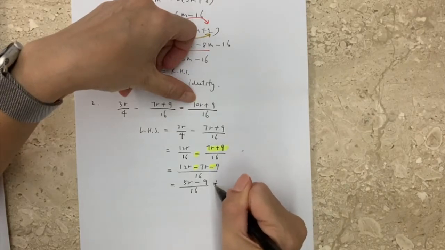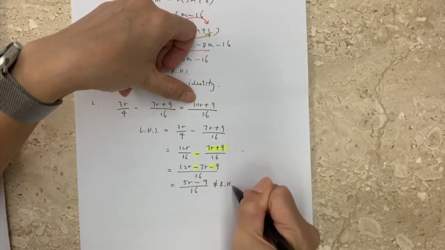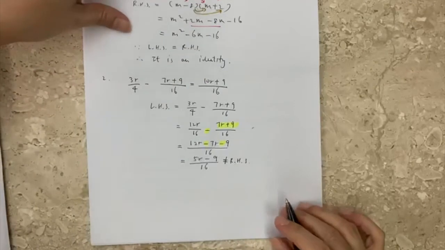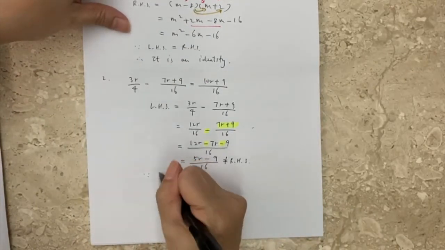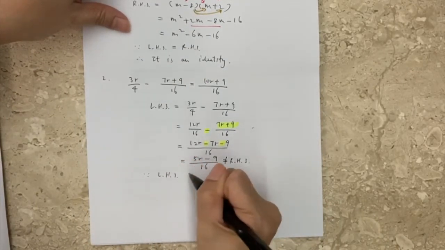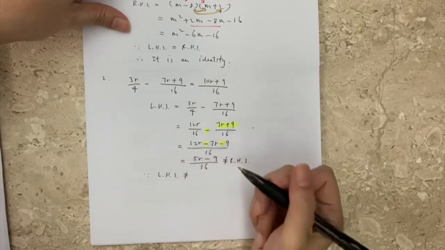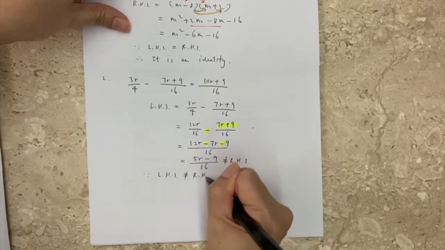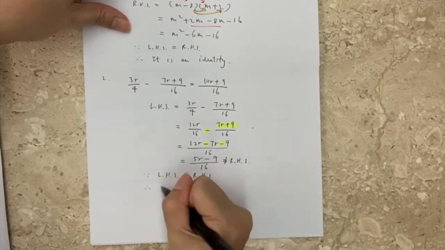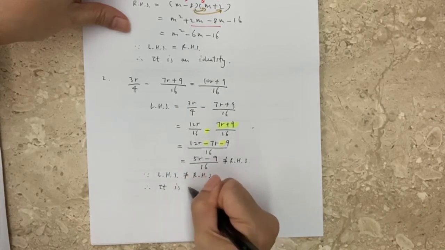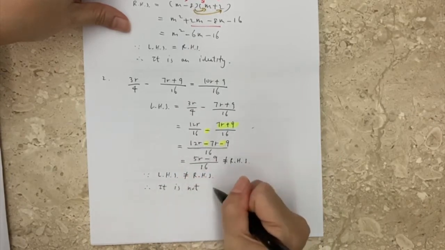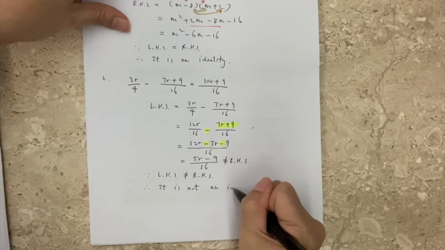This is not the same as the right hand side. Okay, so conclusion, since this time the left hand side of the equation is not the same as the right hand side of the equation, therefore it is not an identity.